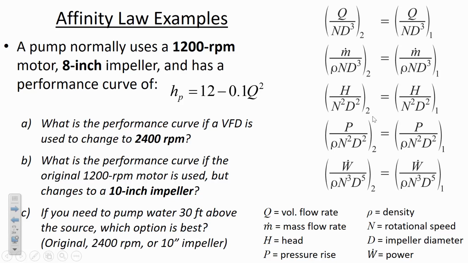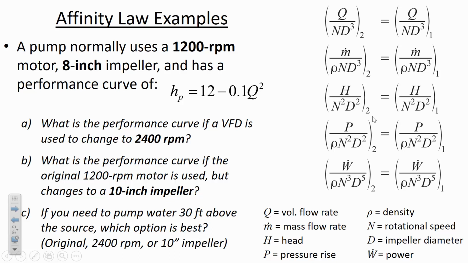It simplifies to just Q2 divided by N2 equals Q1 divided by N1. In other words, the ratio between Q1 and Q2 is Q1 is N1 Q2 divided by N2.